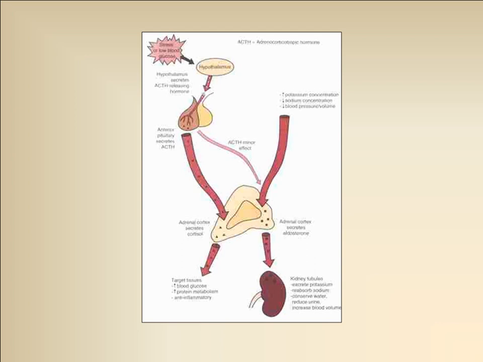So we do the ACTH, adrenocorticotropic hormone, and it goes down to the adrenal. You can see there's the cortex and the medulla, right? And those cause an increase of blood glucose and protein metabolism, okay?